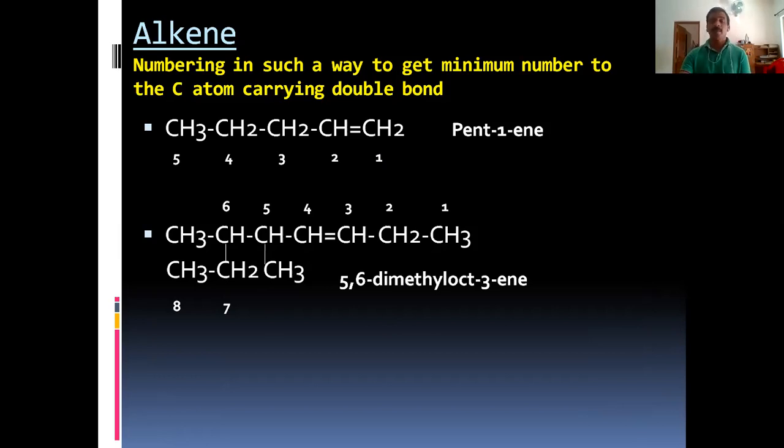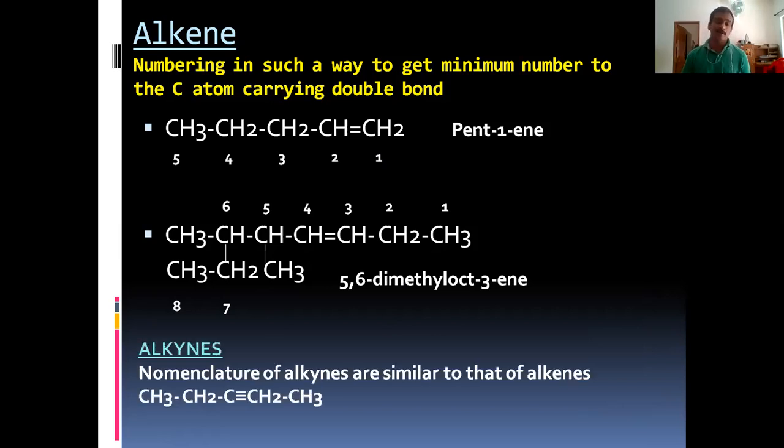Now alkynes, nomenclature of alkynes. Nomenclature of alkynes follows all the rules of the nomenclature of alkenes. So can you name this compound? CH3CH2, C triple bond, CH3. So here there is a mistake, C triple bond, CH.